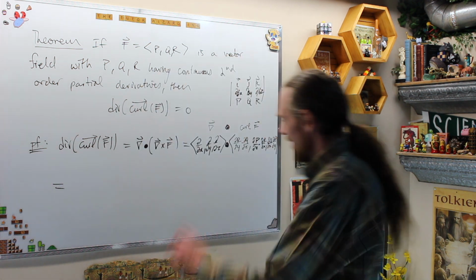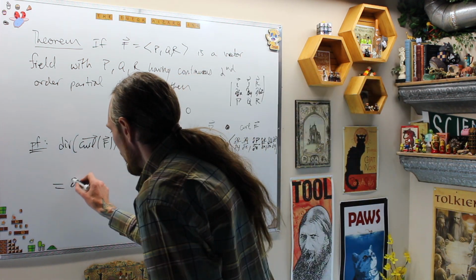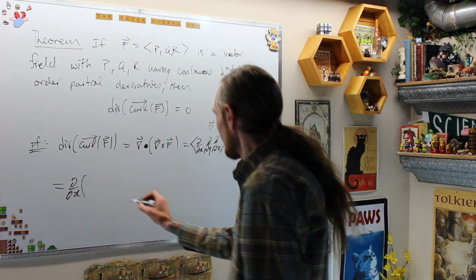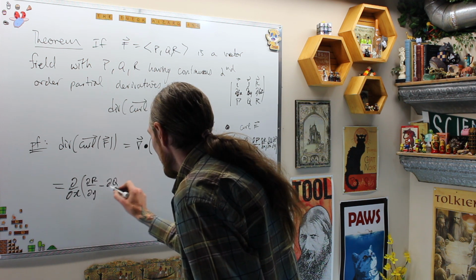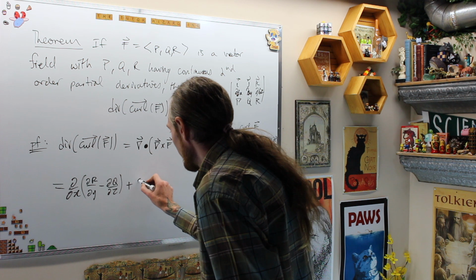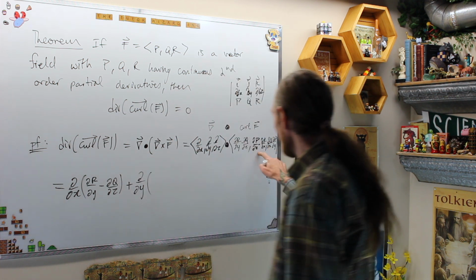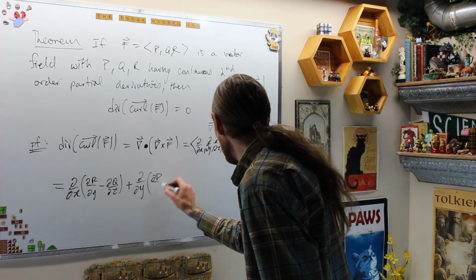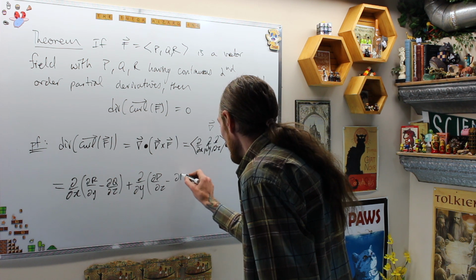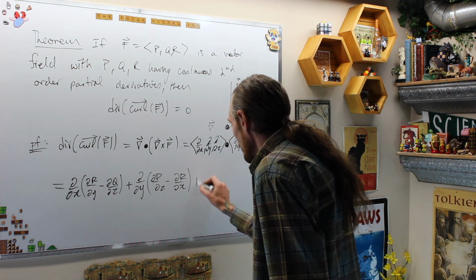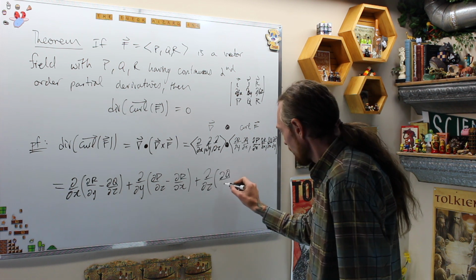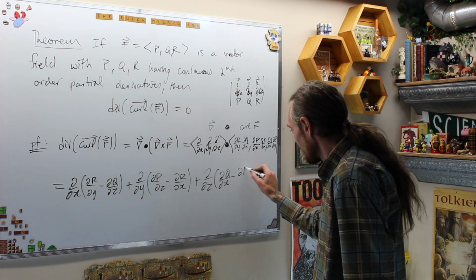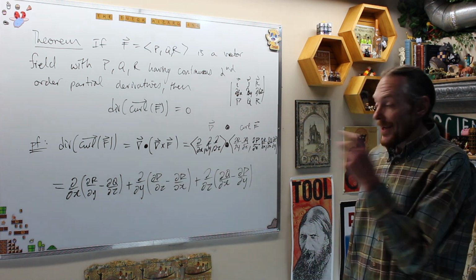What does that give me now? That gives me, way over here, the partial with respect to x of the partial of r with respect to y minus the partial of q with respect to z, plus the partial with respect to y of this coordinate, which is the partial of p with respect to z minus the partial of r with respect to x, plus the partial with respect to z of the partial of q with respect to x minus the partial of p with respect to y. Now let's apply that.